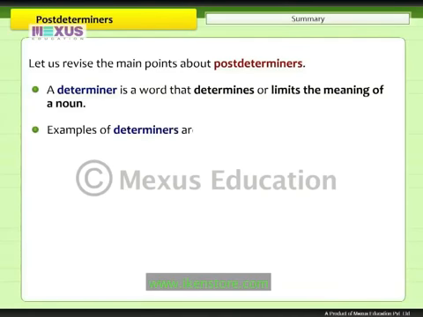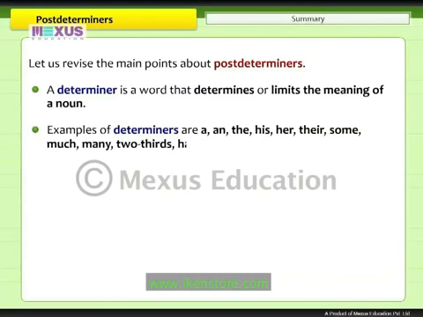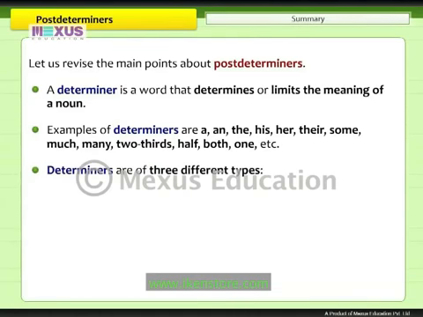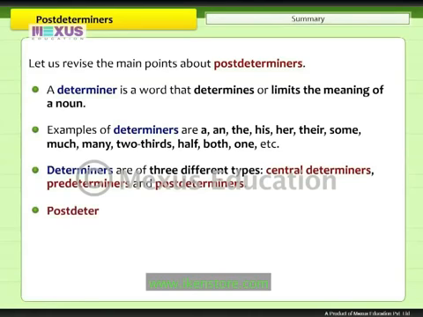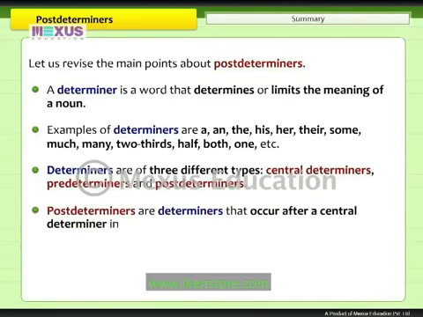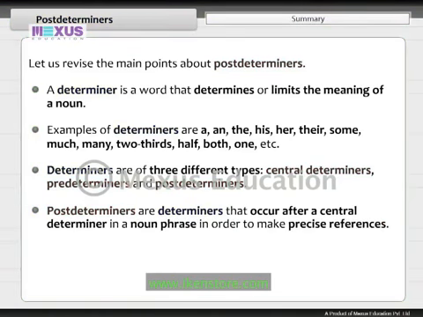Examples of determiners are a, an, the, his, her, their, some, much, many, 2/3, half, both, one, etc. Determiners are of three different types: central determiners, predeterminers, and postdeterminers.